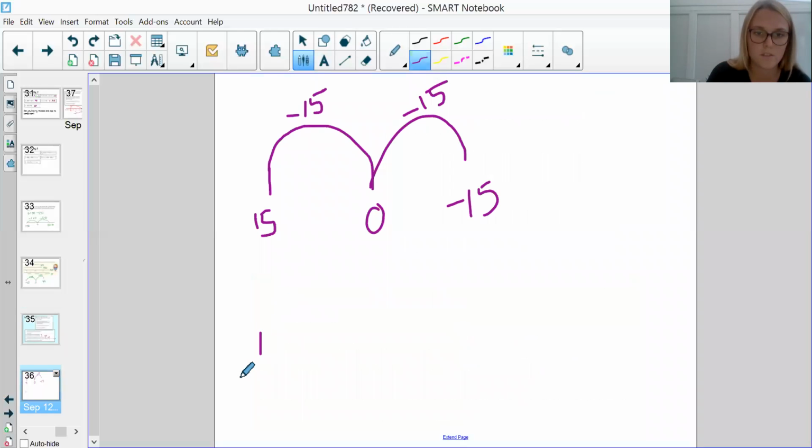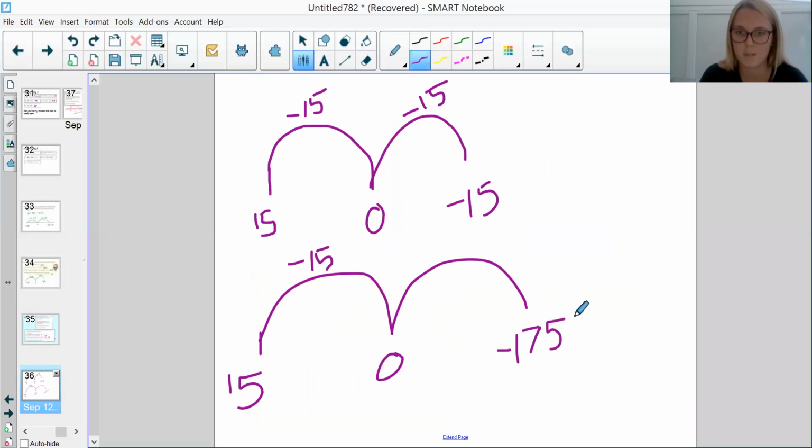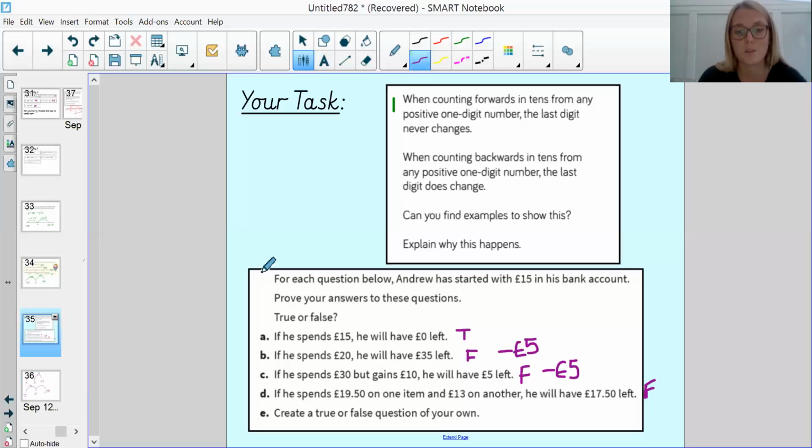So he started with 15, and he spent £32.50, so jump 15 to get to the zero even. So he'd have £17.50 left to subtract from that zero. So he would have actually ended up with minus £17.50, not positive £17.50. Okay, negative £17.50.